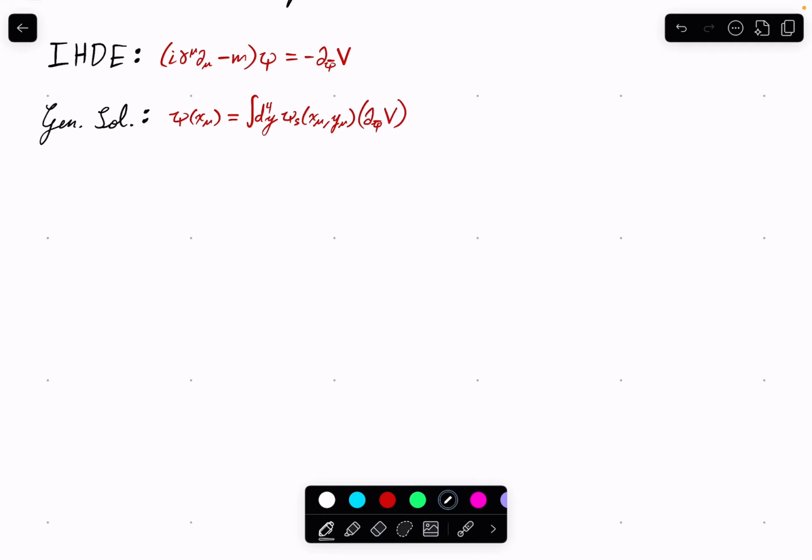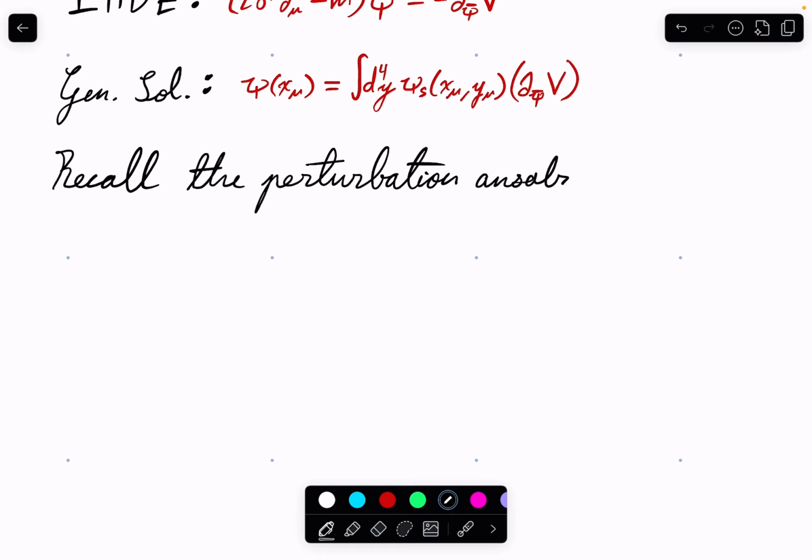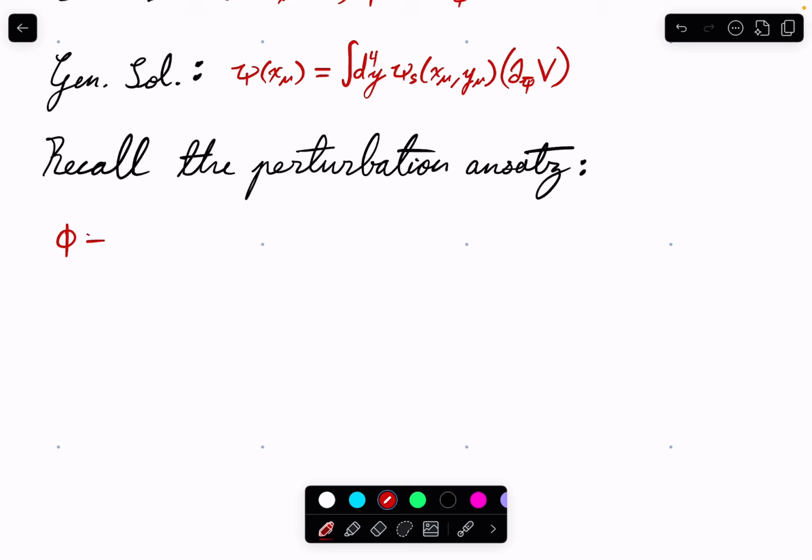So let's recall the perturbation ansatz. And this is the ansatz that we did for the video on scalar fields with Yukawa interactions, where we took the scalar field and said that it is equal to the free field plus this factor G here, the coupling strength coefficient, and then you have phi1, G squared, phi2, and so forth.